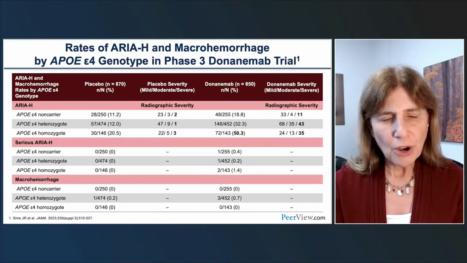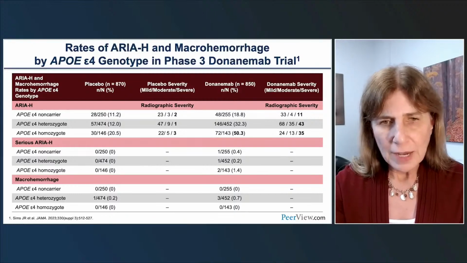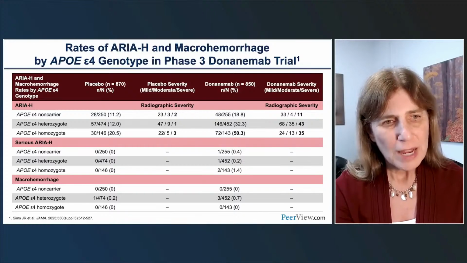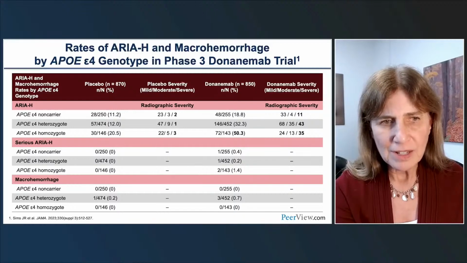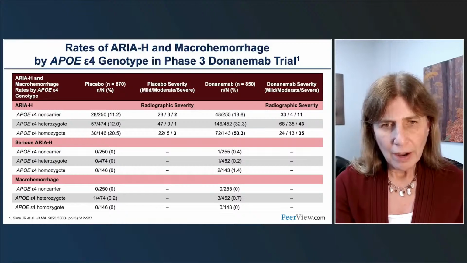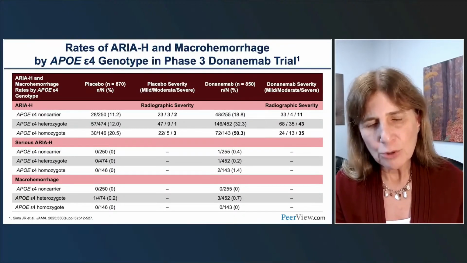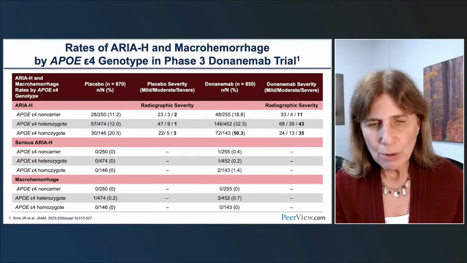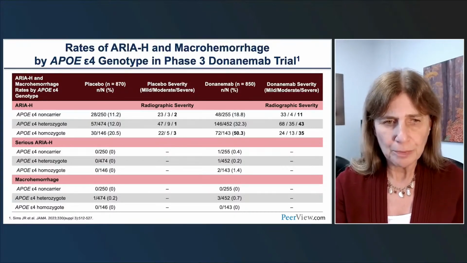And finally, with ARIA-H and donanemab, you see some of these rates and trends very similar, and I'll just highlight here, rather than going through this whole table, that for ApoE4 homozygotes, 50.3% have radiographic ARIA-H. So quite a high rate for the ApoE4 homozygotes, and about 18.8% in the non-carriers. But of course, the symptomatic rate, which we don't have listed as such here, is much lower.